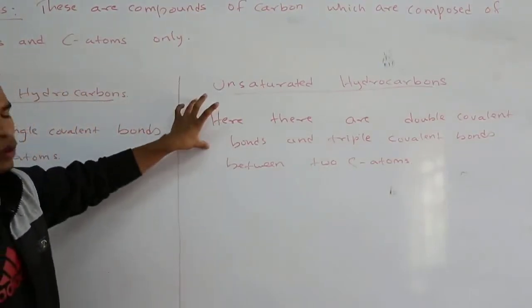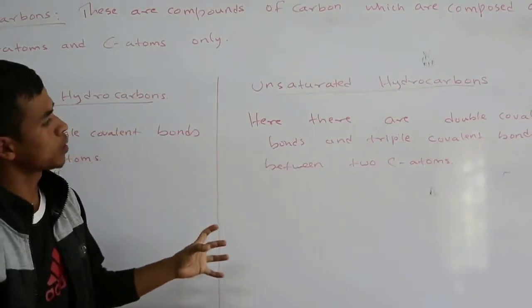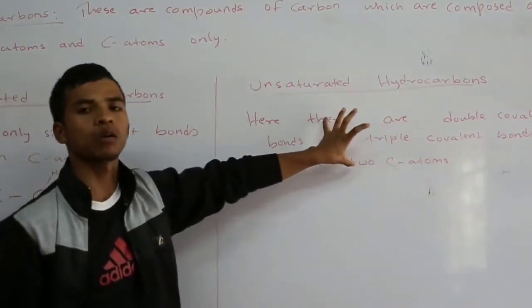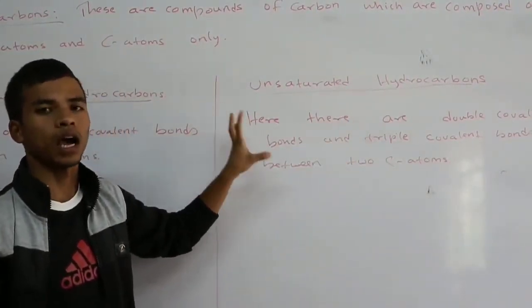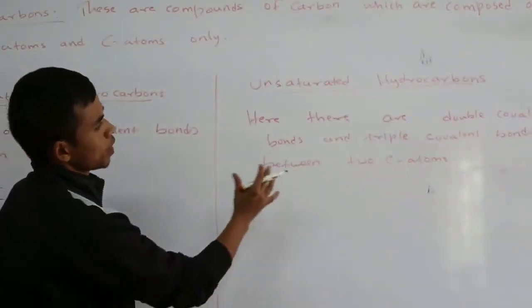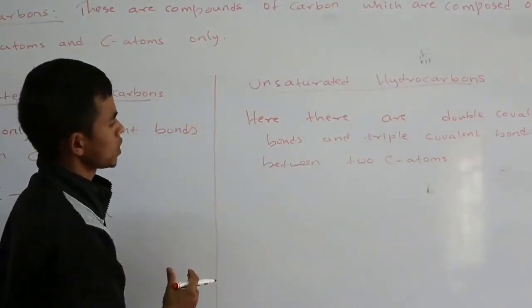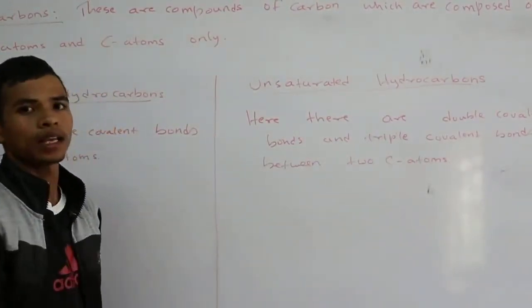We may have a double covalent bond or a triple covalent bond. Those hydrocarbons which have these types of bonds are called unsaturated hydrocarbons. Those hydrocarbons which have one or more double covalent bonds are called alkenes.